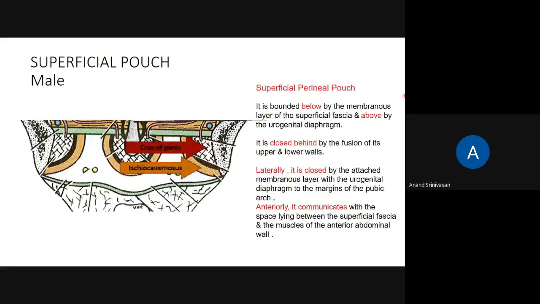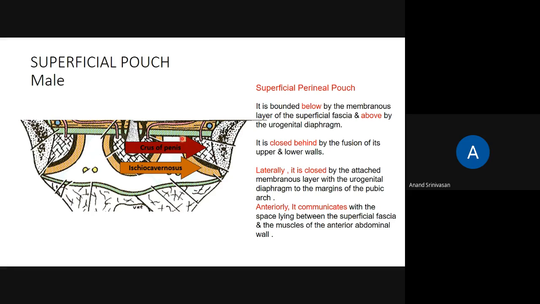The superficial perineal pouch is bounded below by the membranous layer of the superficial fascia and above by the urogenital diaphragm. It is closed behind by the fusion of its upper and lower walls. Laterally, it is closed by its attachment with the urogenital diaphragm.